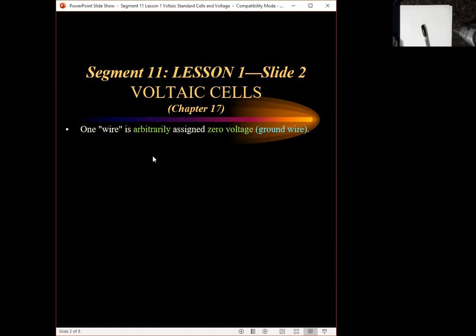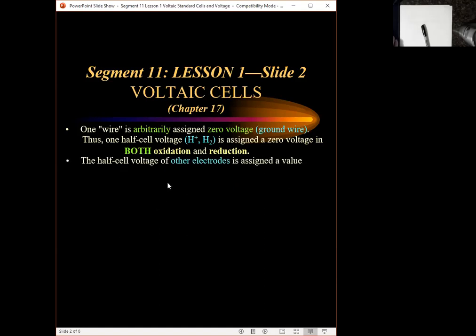So it's an arbitrary decision, and we choose the hydrogen half cell. In either oxidation or reduction, it's assigned zero voltage. So if I take hydrogen ion and reduce it to hydrogen gas, that voltage is zero. Or if I take hydrogen gas and oxidize it to hydrogen ion, that voltage is zero.